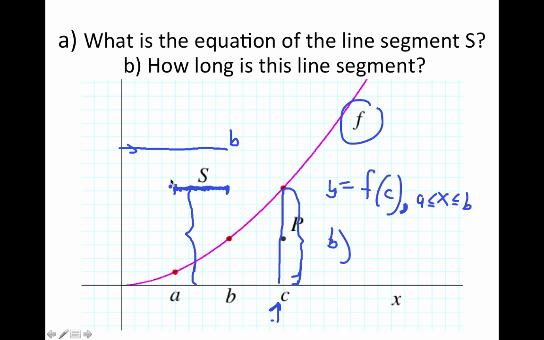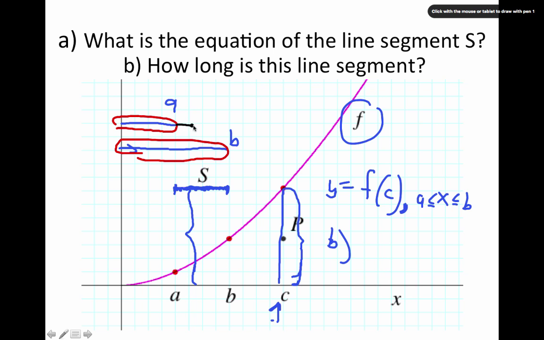Here is a bar whose length represents a. Clearly, if you take this bar and then you subtract this bar, you get what's left, which is this much. And look, the length of that is exactly the same as the length of S. So the answer is b minus a.